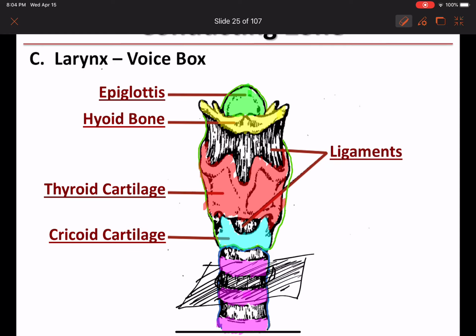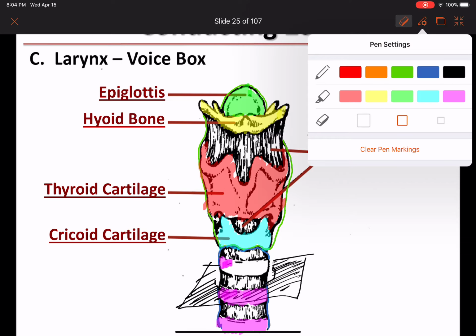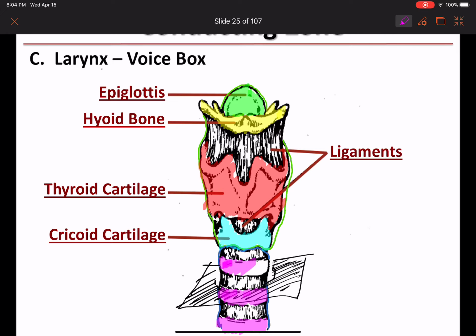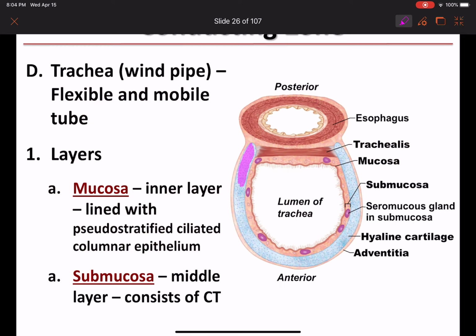We use the erasers. So if we were to cut this trachea in half along this plane that I just etched in, this is the view that you would be looking at.